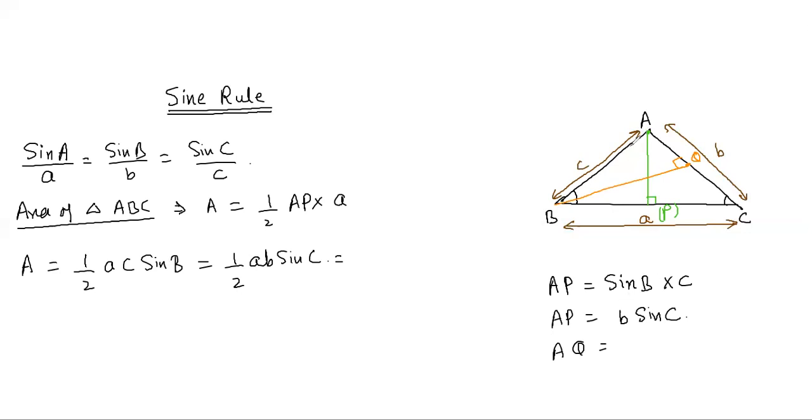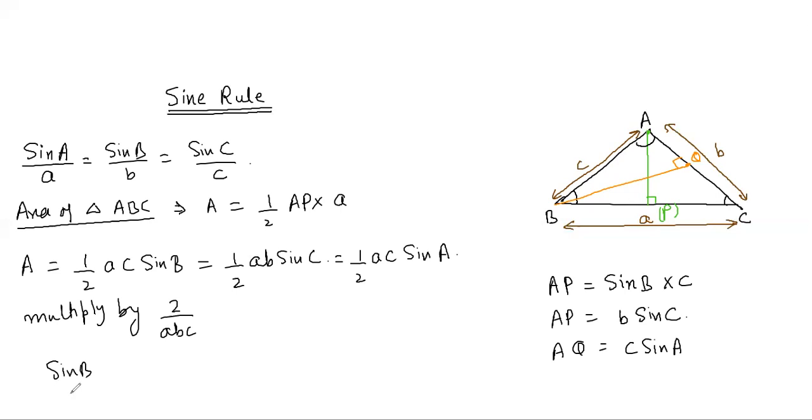AQ is c sine of this angle A. So it can also be written as half AC sine of A. So if I multiply this entire equation with 2 upon ABC, I will get sine B by b is equal to sine C by c is equal to sine A by a.